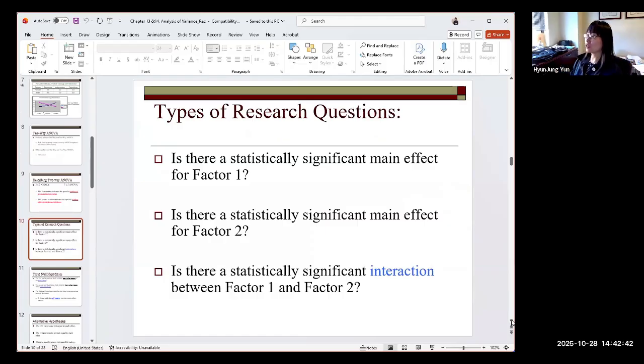So research-question-wise, although your main purpose and main hypothesis you wanted to prove is the interaction, in most ANOVA tests we wanted to make sure: does gender matter? Yes. Does party ID matter? Yes. Then what about party ID and gender combined together? Does it matter?